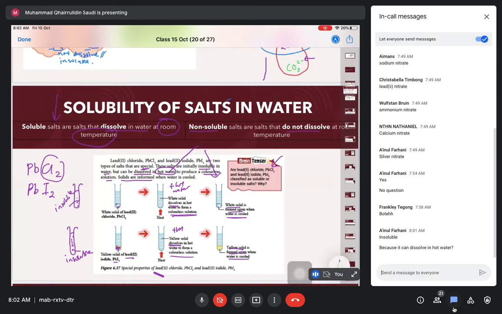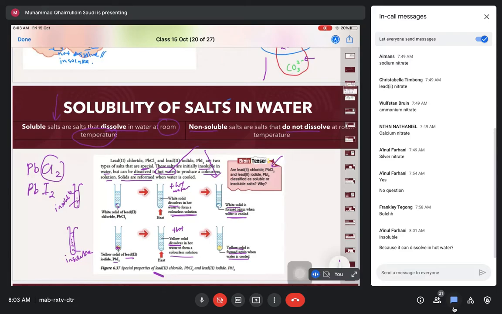Kanan. Belah kanan. Bila dekat sebelah kanan, the salt dissolve or not? Not. So bila does not dissolve, they are considered as soluble or insoluble salt? Insoluble. So the answer is they are insoluble salt. Cumanya when the water are being heated ataupun when we add hot water, barulah dia dissolve.